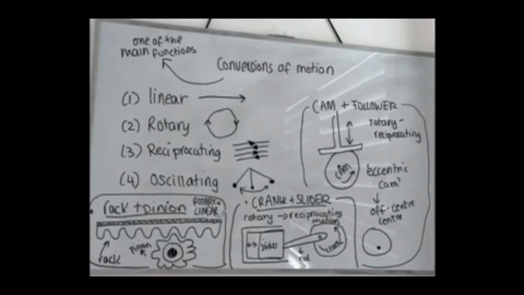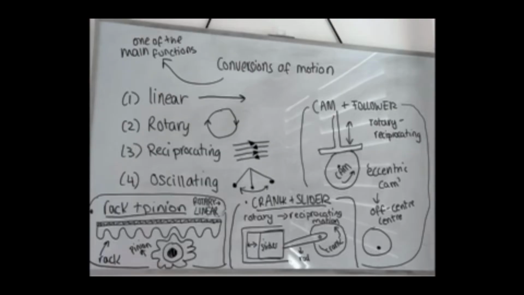Then you have the final one, which is the cam and the follower. So the cam and the follower is another method to convert rotary motion into reciprocating motion. So what happens is you have the follower, and as suggested by the name, the follower follows the surface of the cam. So unlike the crank and slider, in which the slider followed the rod and the rod followed a point on the crank, the cam is followed on the surface by the follower.